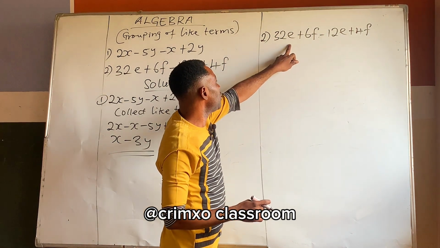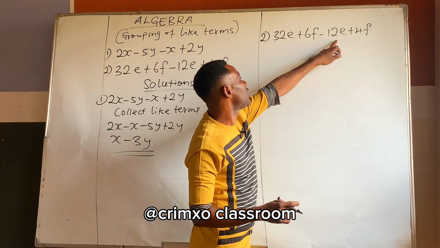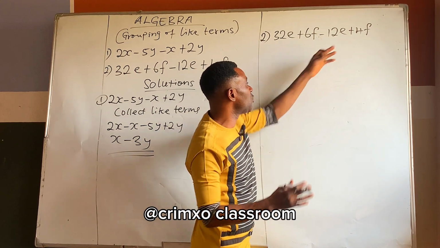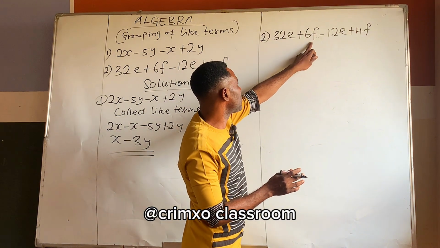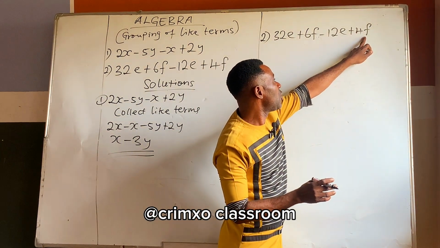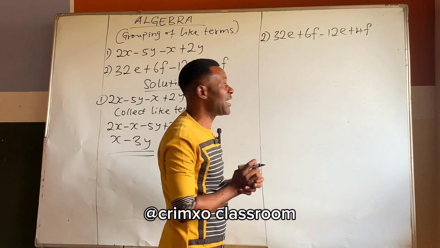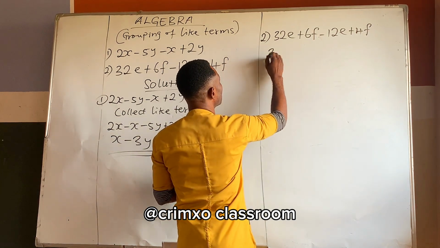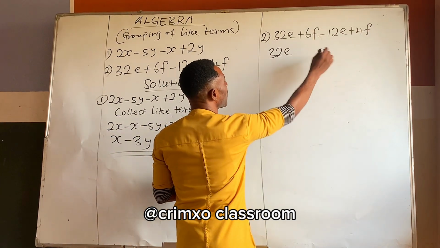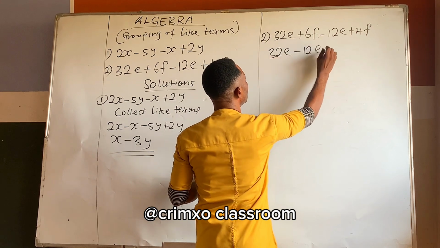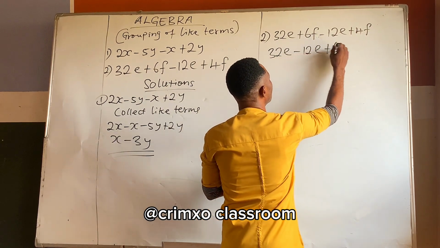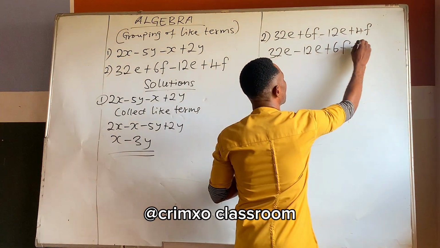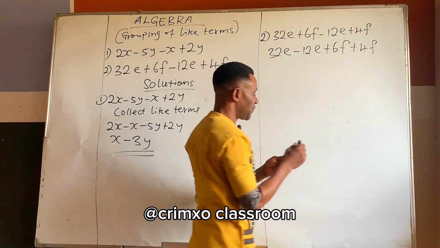We have e, 32e, and we have minus 12e. We group them together. We have plus 6f and plus 4f. We group them together. So we have 32e minus 12e plus 6f plus 4f.